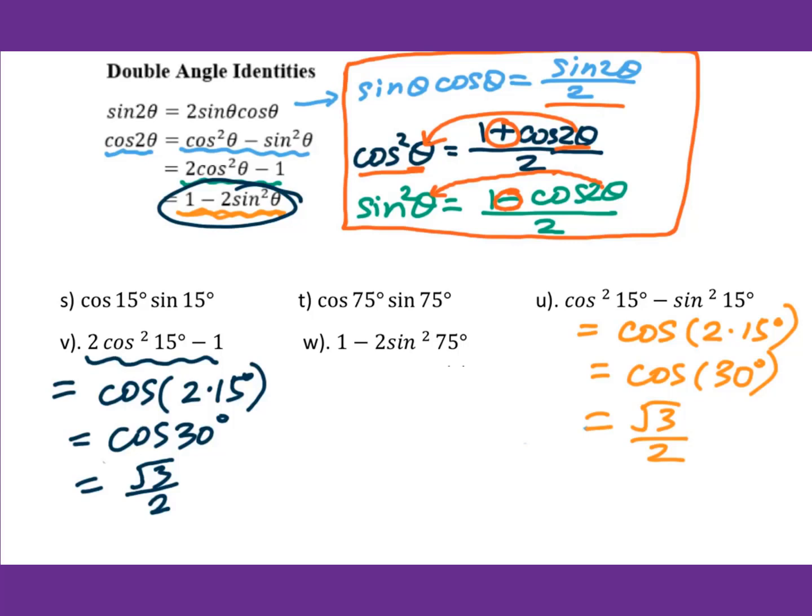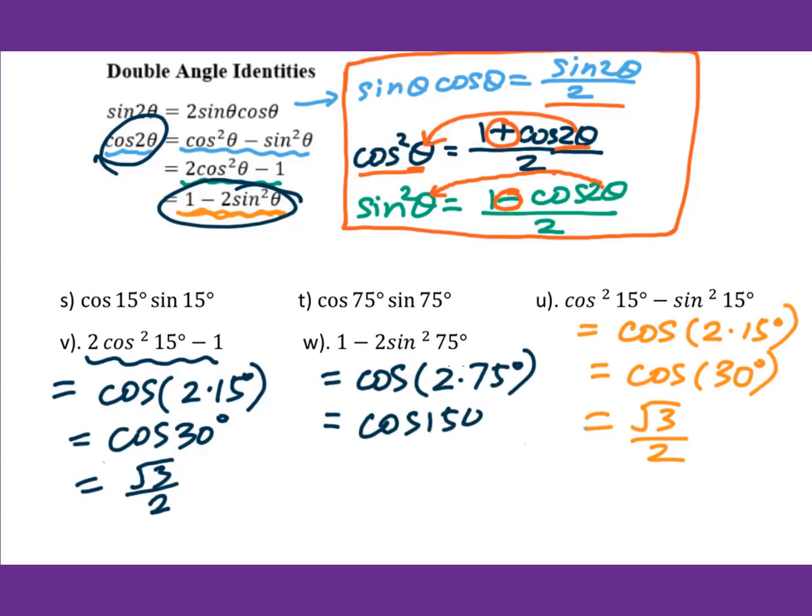For W, still that's the pattern for cosine 2 theta. So we got cosine 2 times 75 degree means cosine 150 degree. That's the second quadrant. Reference angle is 30, negative sign. So you get negative cosine 30 degree means negative square root of 3 over 2.